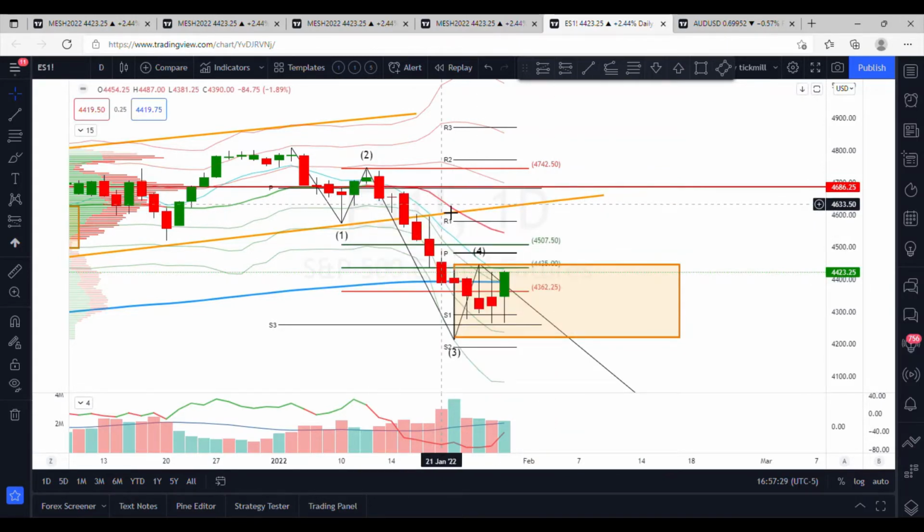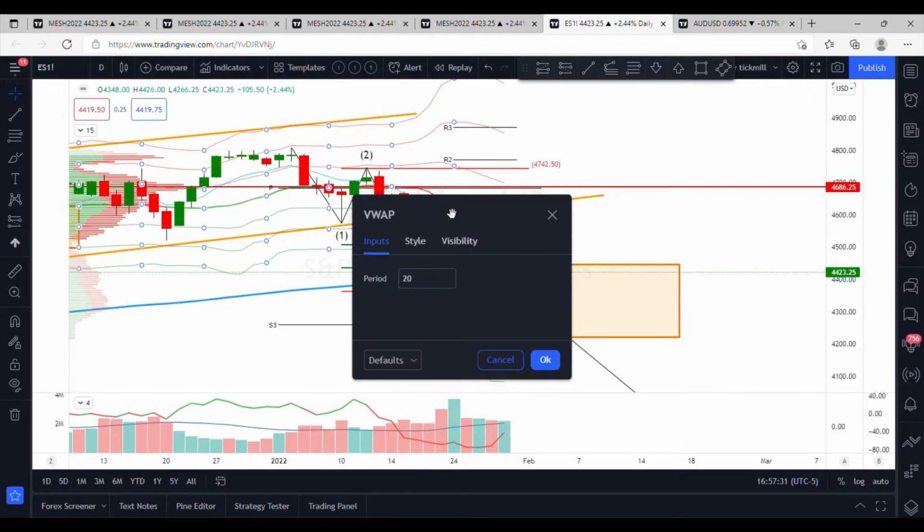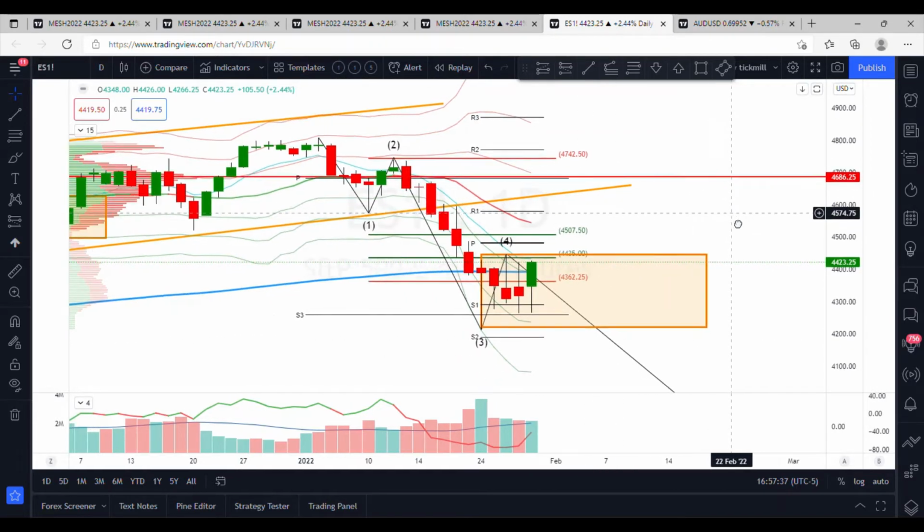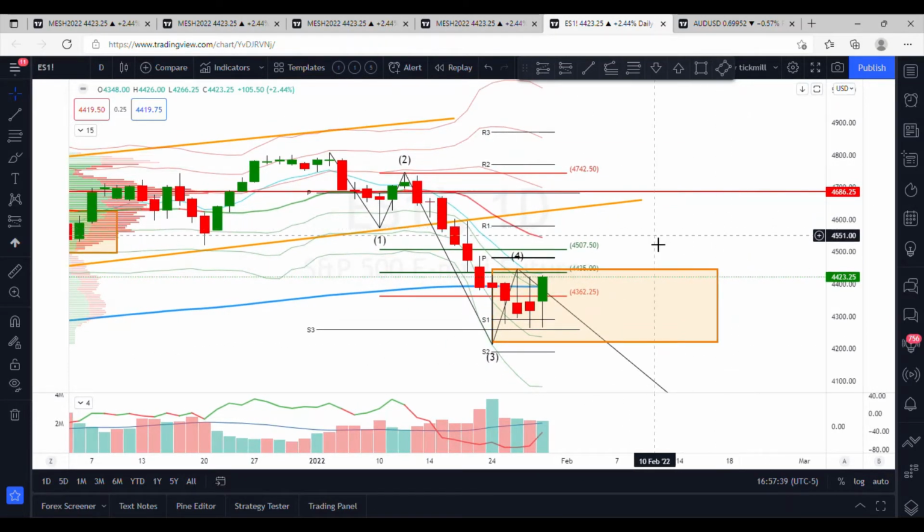That's not the VWAP, that's the pivot. That's the VWAP, 20-day moving average of a VWAP, and to me this is at the moment bearish, so we are in a downtrend. So if we were going to be buying up, I'd be reducing my account to 1% of the total fund per trade.